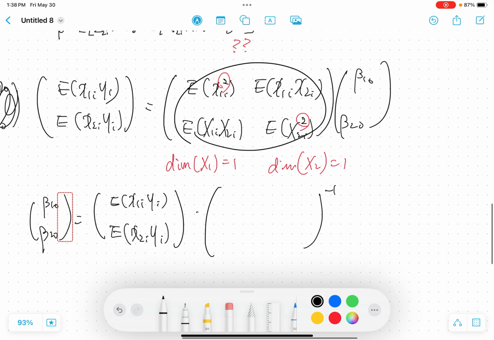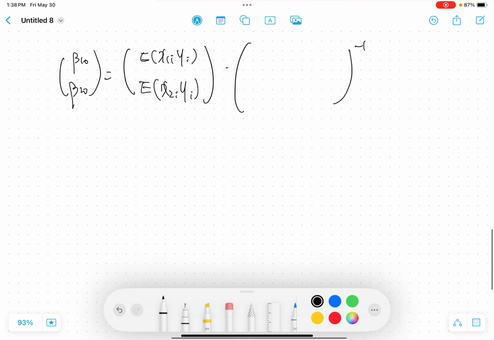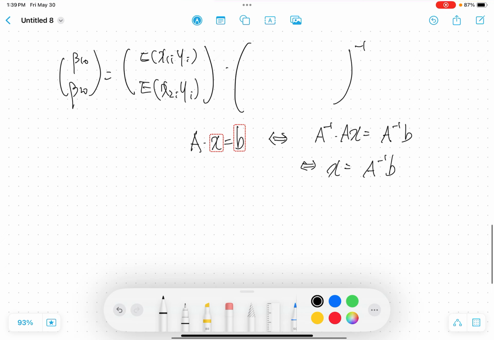It is wrong because, put it this way, a times x equals b. You multiply a inverse in front, a inverse times a x equals a inverse b. So x equals a inverse b. This is true.